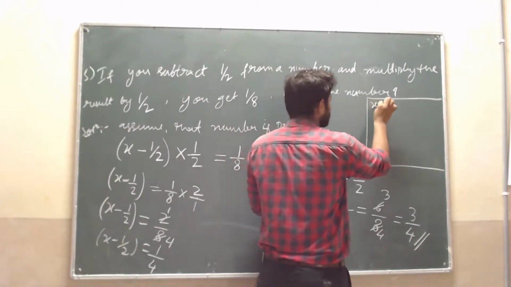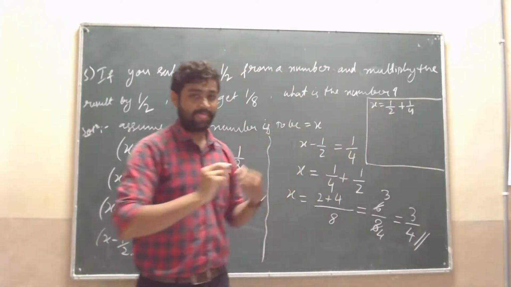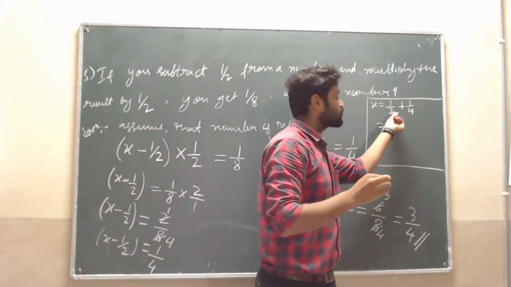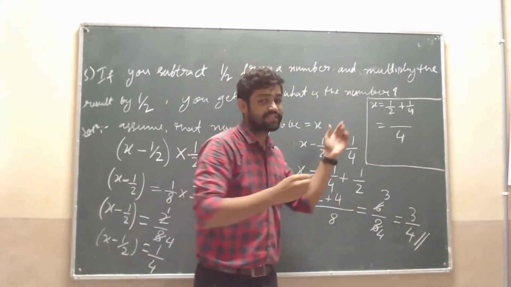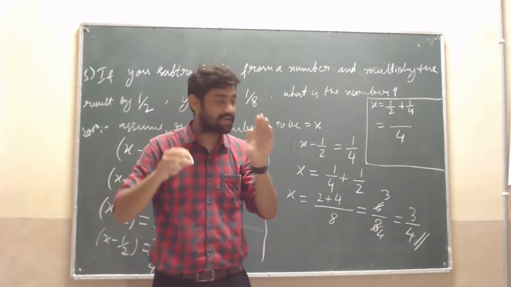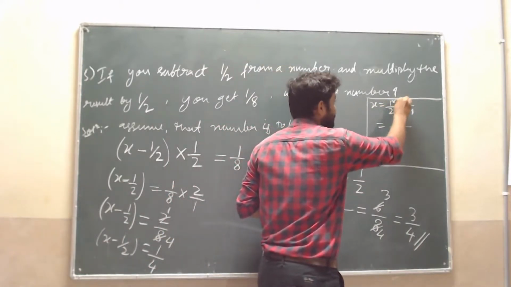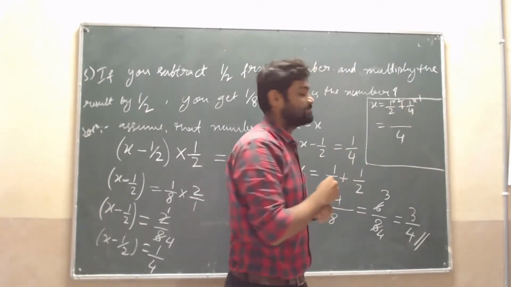That is x is equal to 1/2 plus 1/4 is there. See here. So what is the LCM of 2 and 4? 4. By LCM, 2 1s are 2, 1 1s, if we do like that we'll get 4. See here, and you have to multiply here by 2 and here by 1.